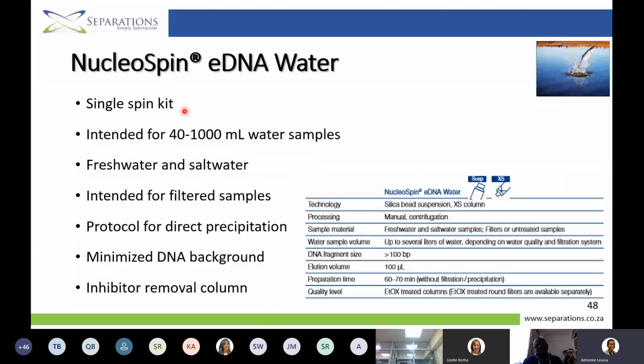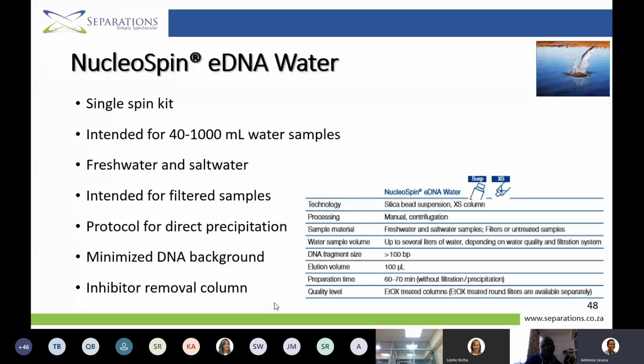Again, there's a range of volume, different types of samples. You can also have the choice between working from filtration as well as working by precipitation of your nucleic acids. More on inhibitor removal as well in this kit.